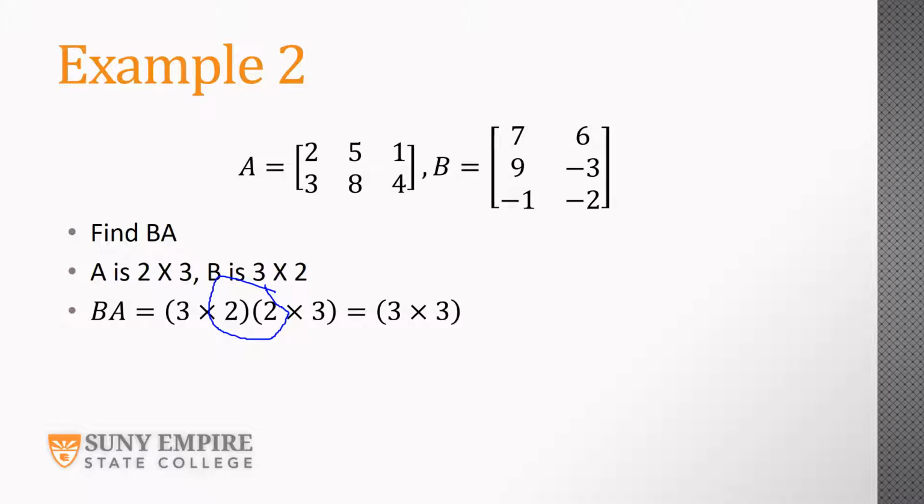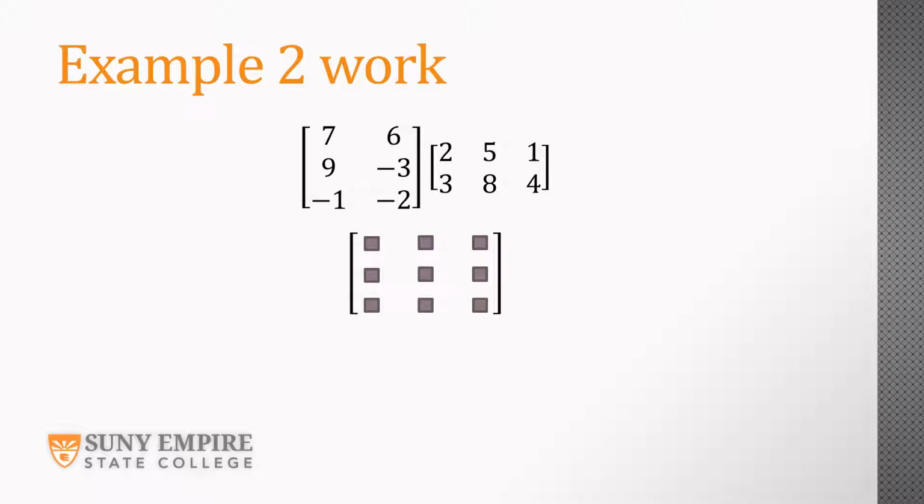When multiplying matrix B by matrix A, we will have a matrix that is 3 by 3. As before, we begin the process of multiplying by writing the matrices next to each other in the order we are doing the multiplication. Since our product will be a 3 by 3 matrix, we have 9 positions to fill.